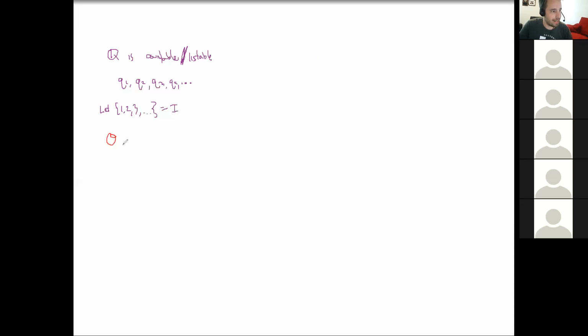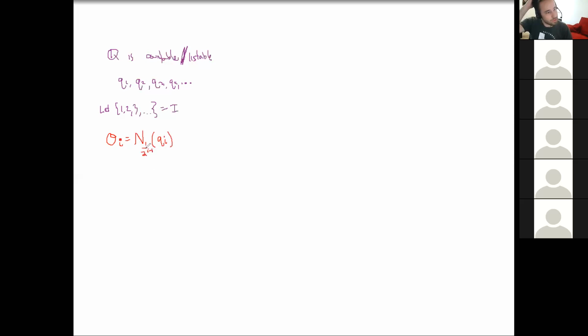O sub I, that's the ith open set in my open cover, is going to be the neighborhood centered at the point Q sub I. And the size of it will be 1 over 2 to the I minus 1, I guess, if we're starting at number 1.